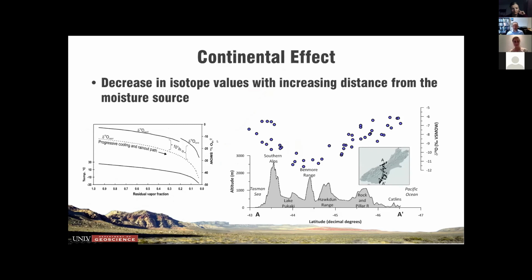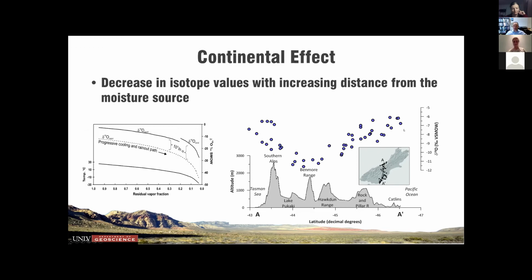We already talked about this rainout effect, the so-called Rayleigh distillation. Here we have a transect from these water samples across the South Island of New Zealand. These are the delta 18O values. They decrease as we go across the island to get their minimum values sort of in the middle, and then they increase back again.